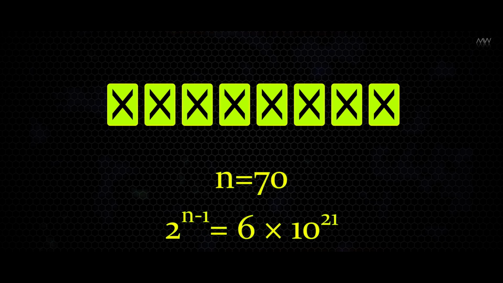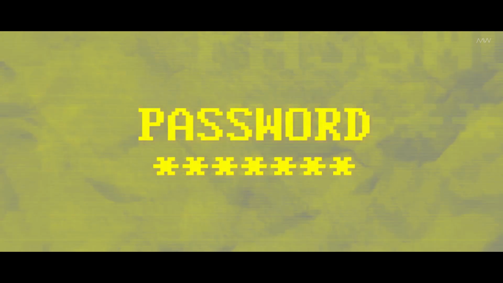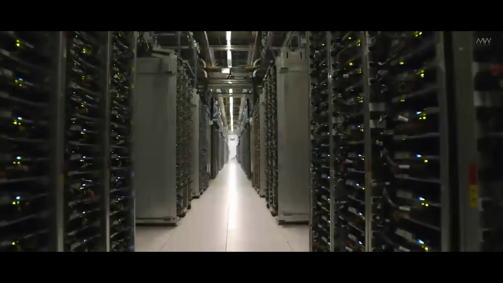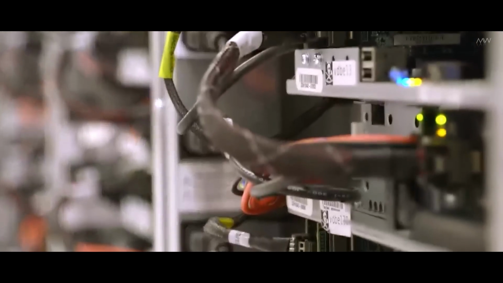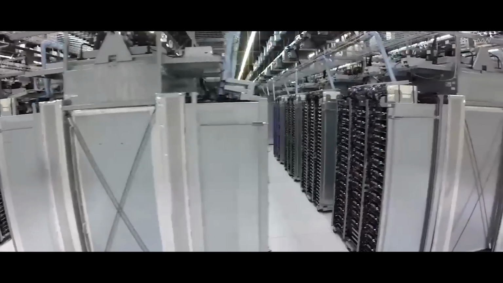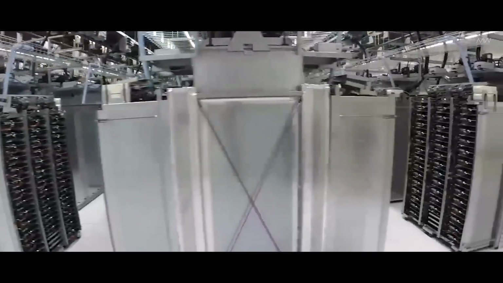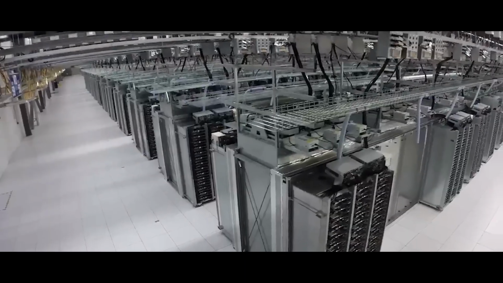If n equals 70, you're looking at 300 years. And once you hit 128-bit passwords, truly strong by today's standards, that means 10 to the 38th power of operations, requiring around 100 trillion years for even the mightiest supercomputers alive right now.